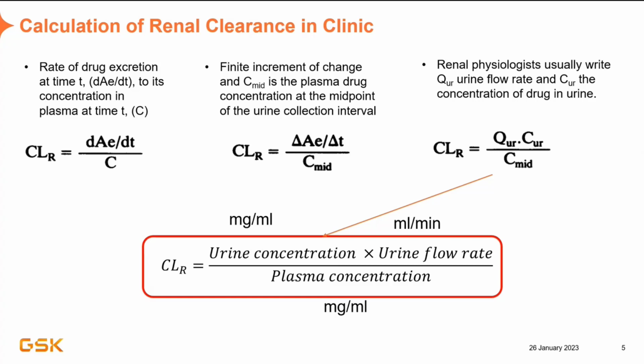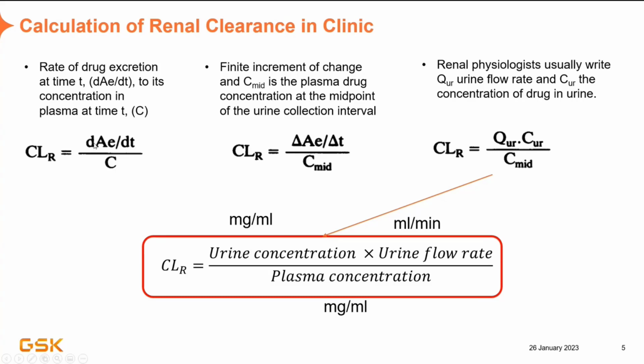When we have a clinical trial, the rate of drug excretion, which is dAe/dt, is expected to be measured and divided by the plasma concentration.